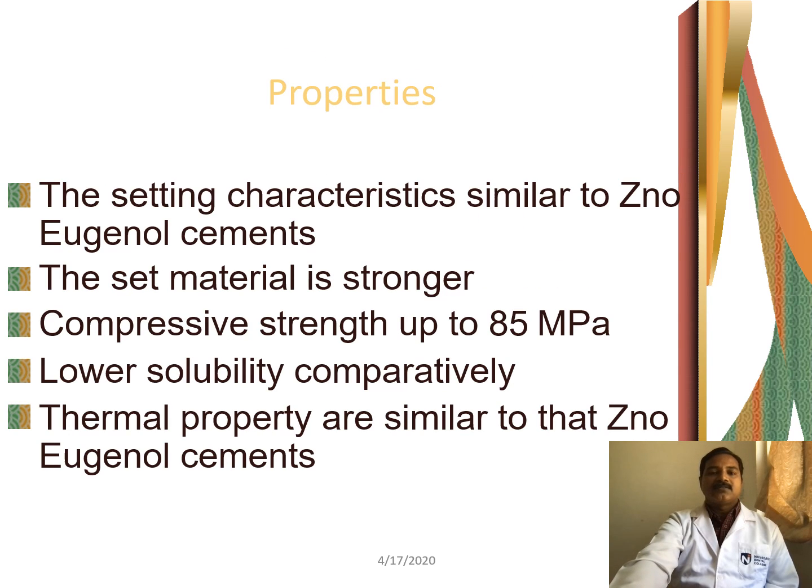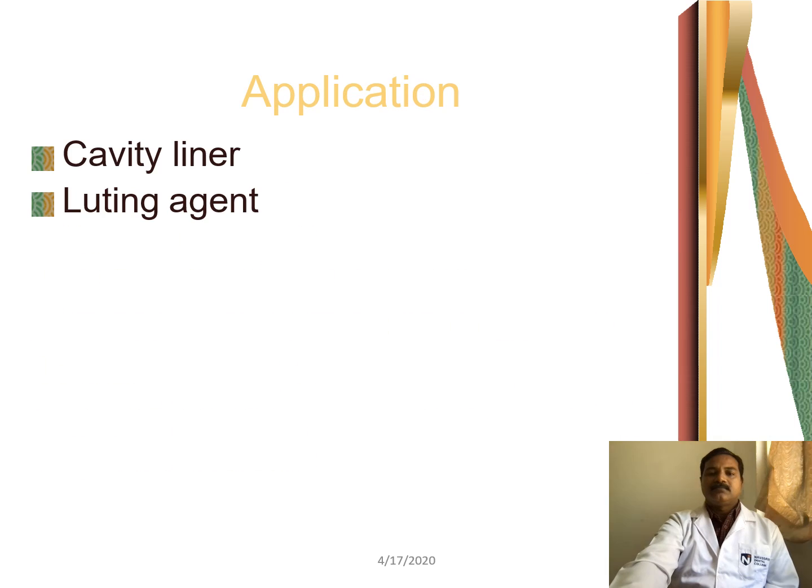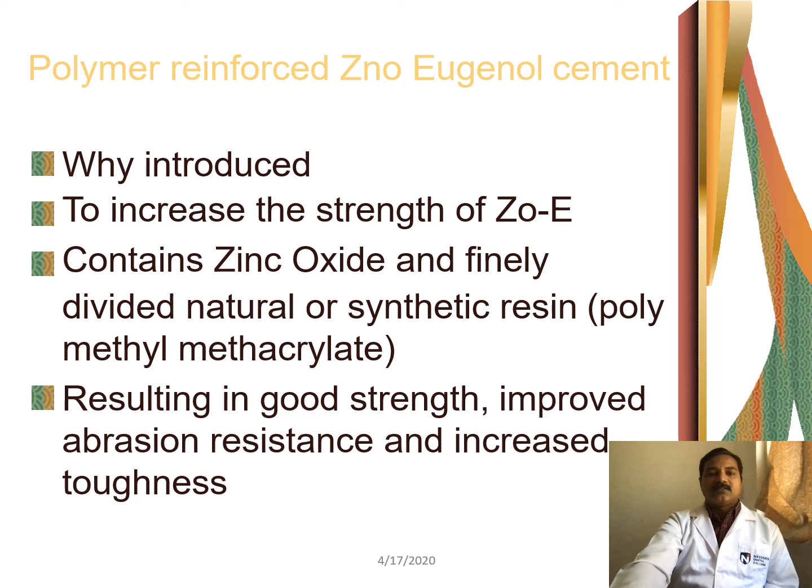Since the strength of zinc oxide eugenol is less, it is reinforced with ethoxybenzoic acid to retain its strength. This is used as a cavity liner and luting agent. This polymer is again reinforced with resin.